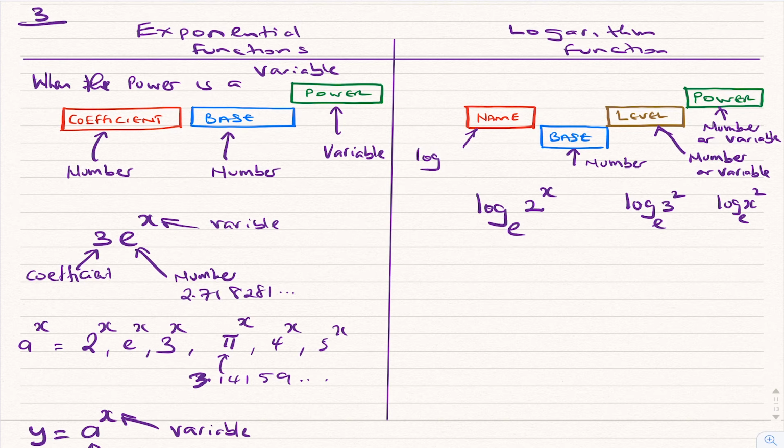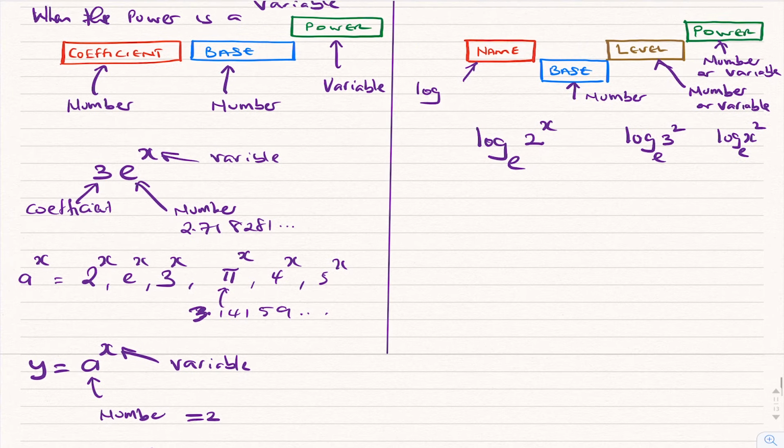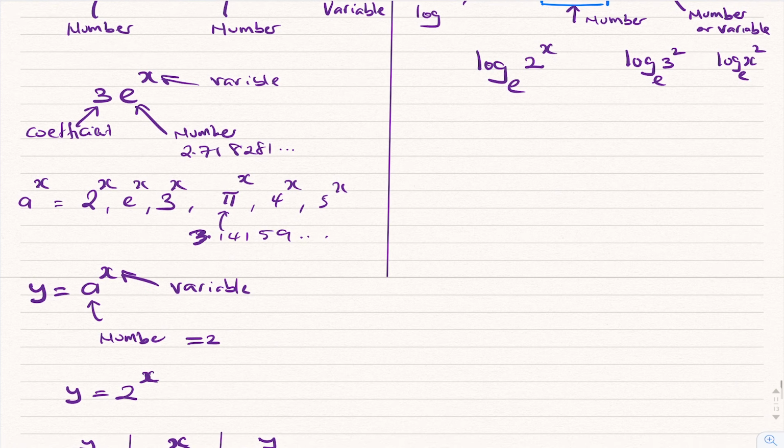And these are examples of logarithms. In comparison, we mentioned earlier that a logarithm is used to solve exponential functions, and an exponential function is used to solve logarithms, in the sense that we have y equals a to the power of x, and when we take log of base a on both sides, because the base of the exponential has to be the same as the base of the log, we take log base a y equal to log base a of a to the power of x.